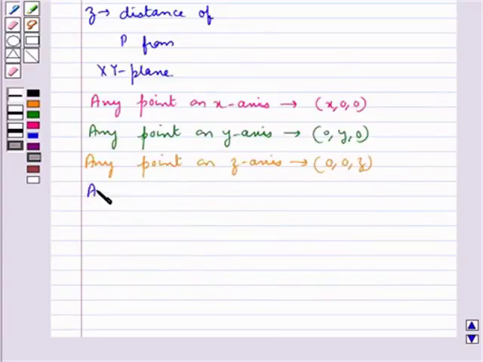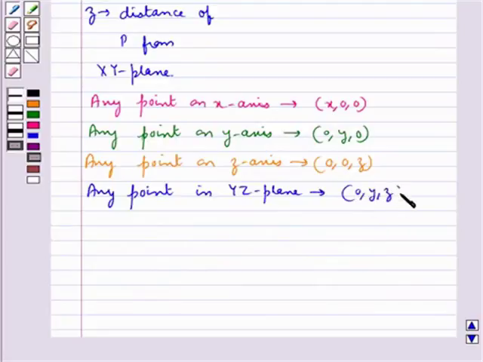Any point in YZ plane has coordinates of the form 0, y, z, that is x coordinate would be 0.